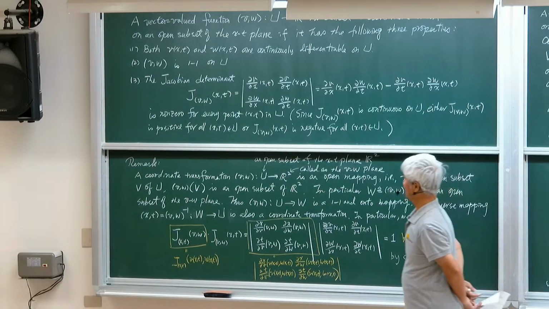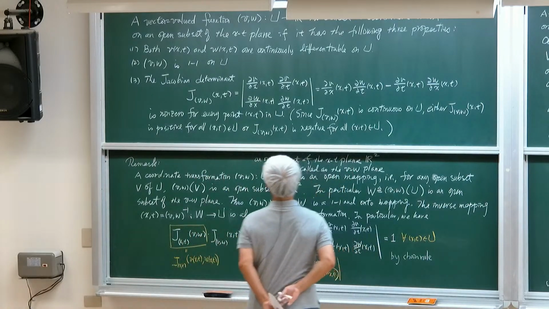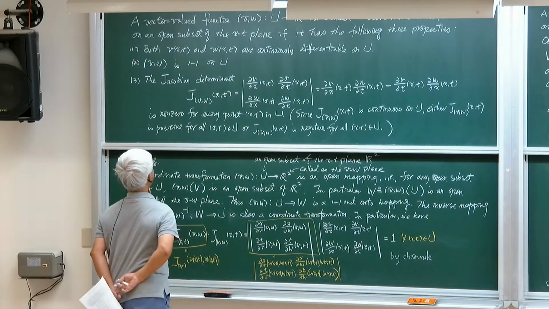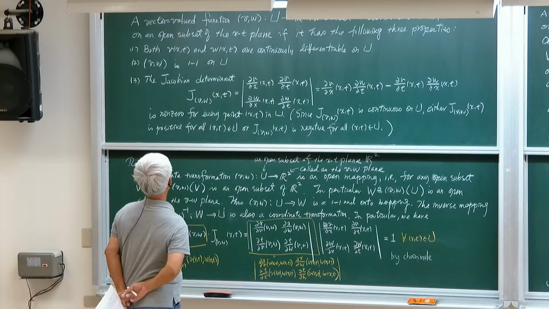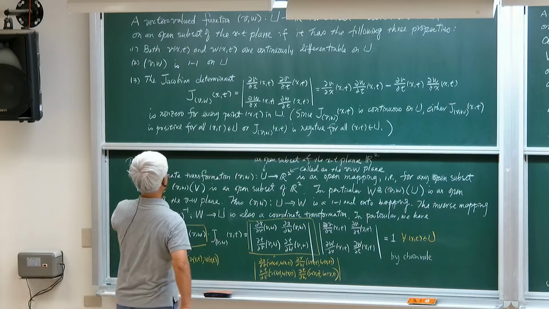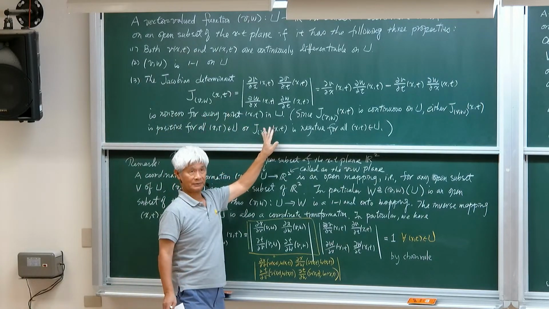But okay, if now here. No, this one just says that the Jacobian determinant is non-zero at the point.